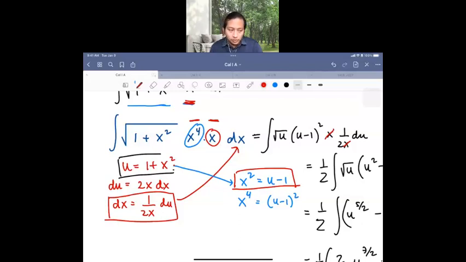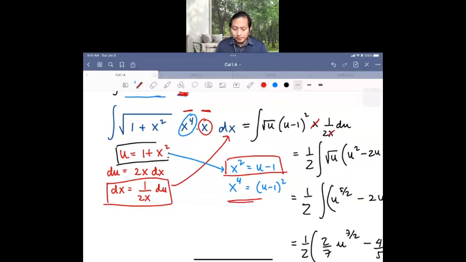Like you have u equal to some variable or element from the functions, you derive and you cancel the other one. Okay, that's the basic idea. But in more advanced questions, this might happen.